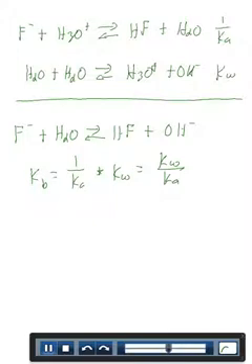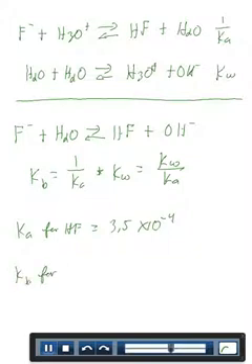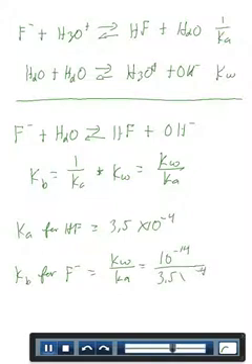So, in our case, Ka for HF is equal to 3.5 times 10 to the minus 4th, and that means Kb for its conjugate base, F-, is equal to Kw over Ka, which is 10 to the minus 14th divided by 3.5 times 10 to the minus 4th.